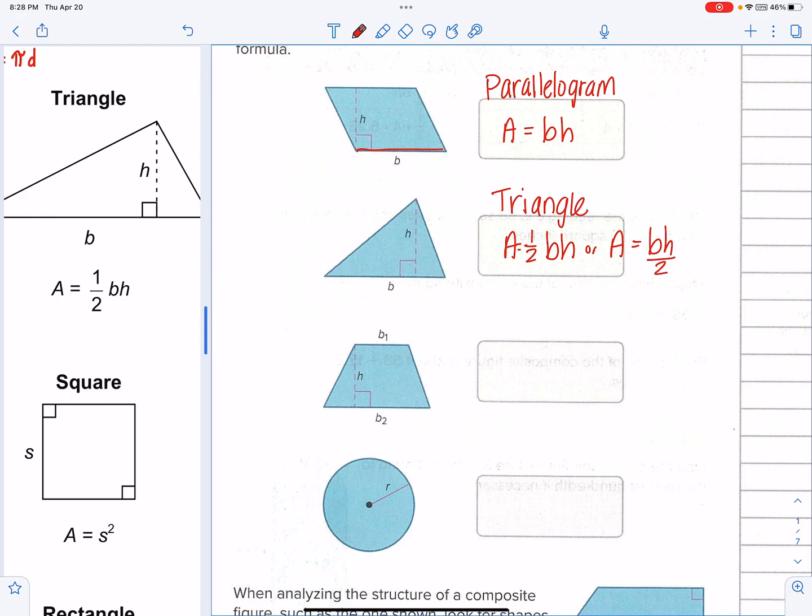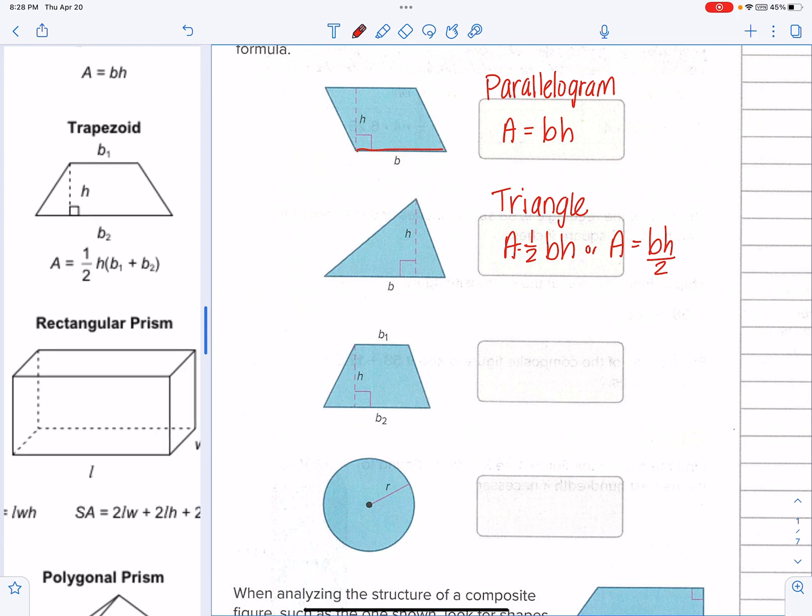Next one is a trapezoid. Be aware your bases are the two parallel lines. A trapezoid has one pair of parallel sides. So this with this, that's base 1 and base 2. You can see the height is still perpendicular to the base.